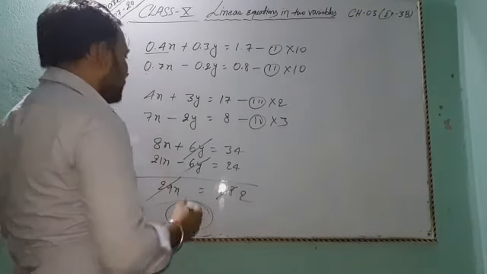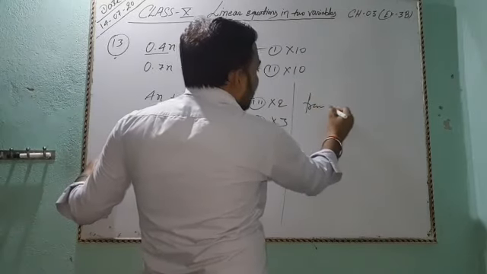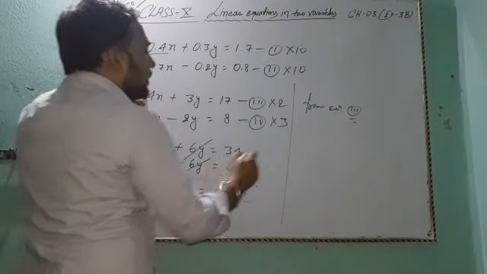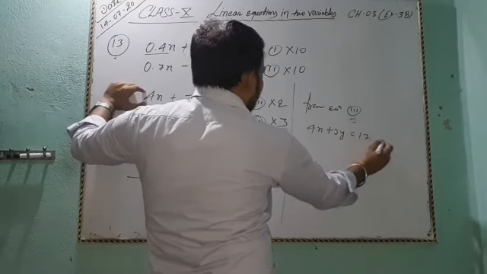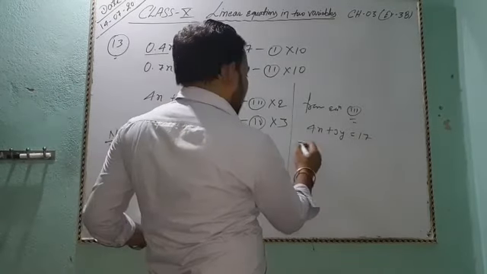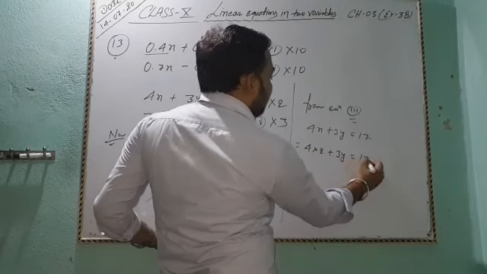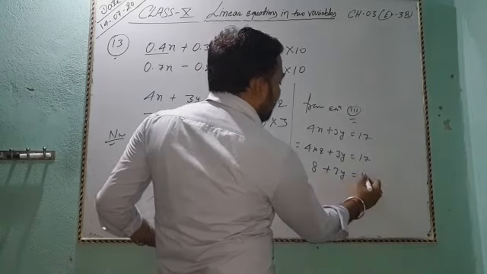Okay, so from equation third, 4x plus 3y equal to 17, and put the value of x in equation third, that is 4 multiplied by 2 plus 3y equal to 17. 4 twos are 8 plus 3y equal to 17.